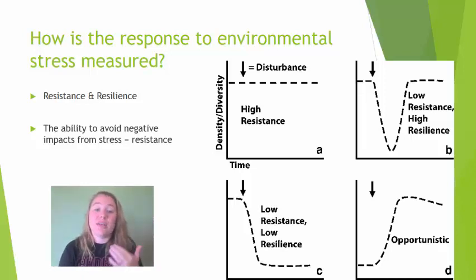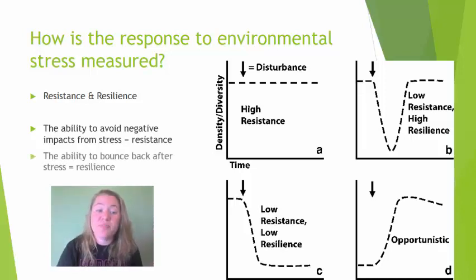That is demonstrated in the graph in the top left, labeled A. At the time where the arrow points, there's some type of disturbance. Let's say a wildfire moves through really quickly. Maybe this plant has very high resistance, so it doesn't burn quite as much as the plants around it, so the density of that population stays pretty high. They're resisting change.